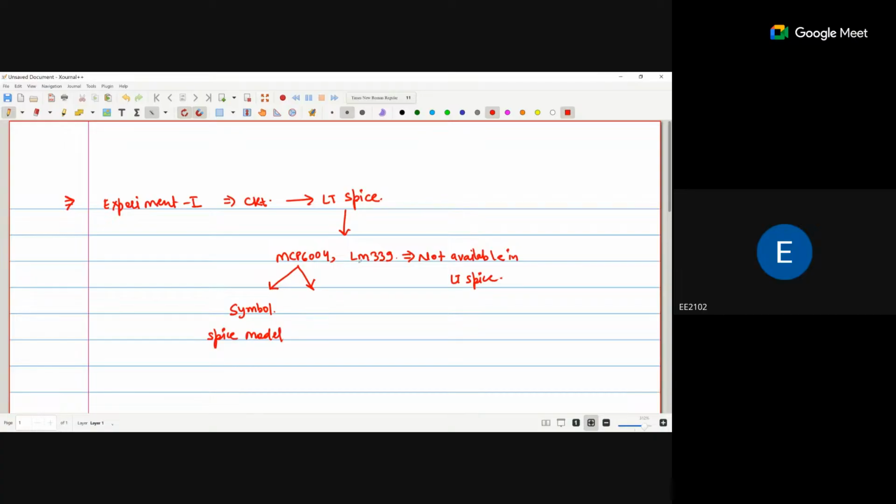Similarly, for that LM339, you require again two things: one is the symbol, and one is the spice model. With the help of these two things, you can create the component.